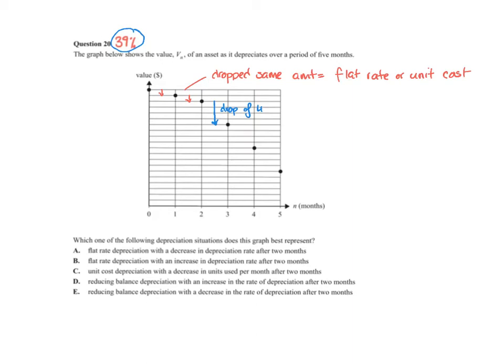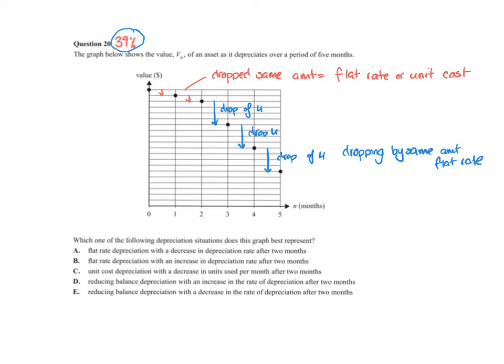So if I go here, I go 1, 2, 3, 4. That's also a drop of 4, yeah? And then I go here, 1, 2, 3, 4. That's also a drop of 4. So that is dropping by the same amount. So what is that? Yes, good. By the same amount. So that must indicate it is also flat rate.